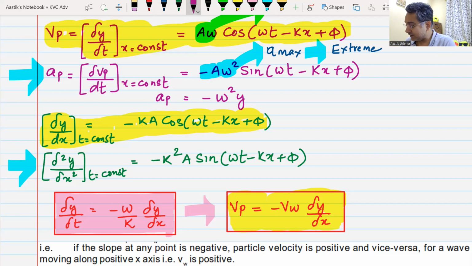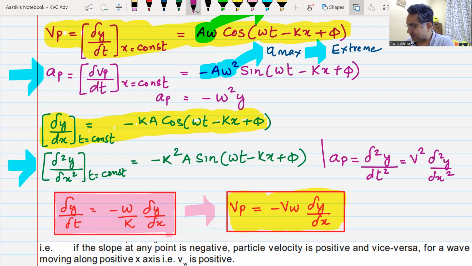The relation between this and this, I write it here: the particle acceleration, which is nothing but del 2y by del t square, will be equal to v square times del 2y by del x square.